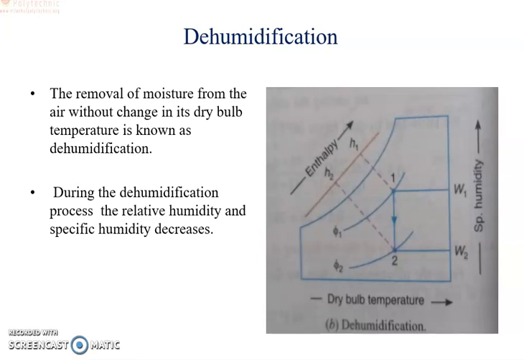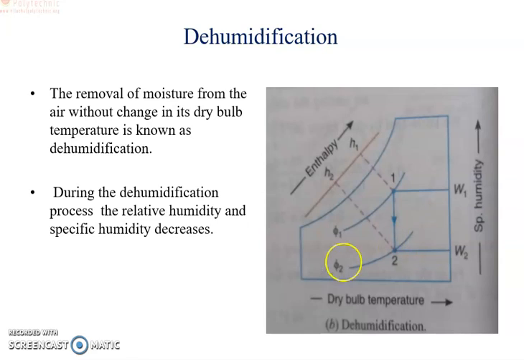And mind it, during dehumidification, heat is also removed. The relative humidity decreases, that is phi1 to phi2, as well as the specific humidity also decreases, that is W1 to W2. So this is all about humidification and dehumidification.